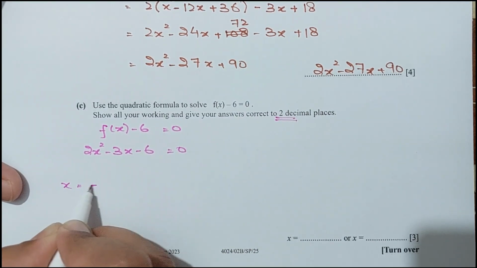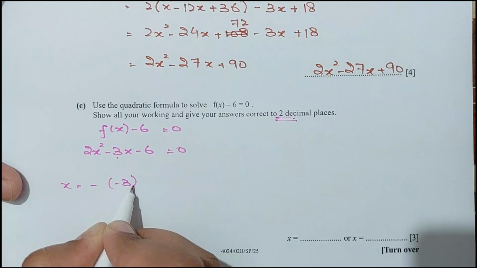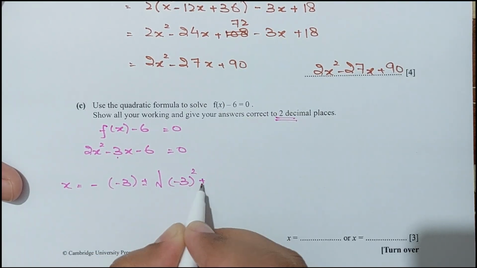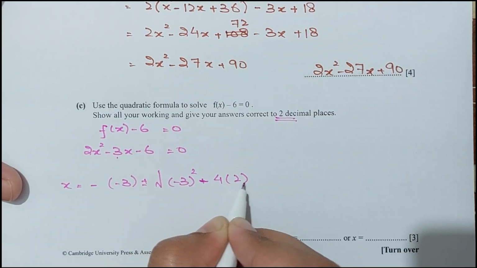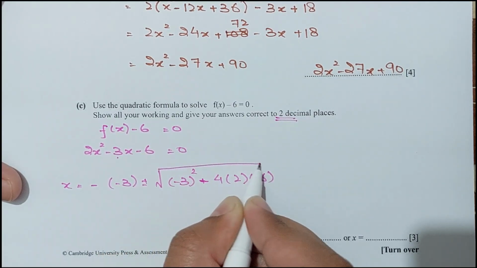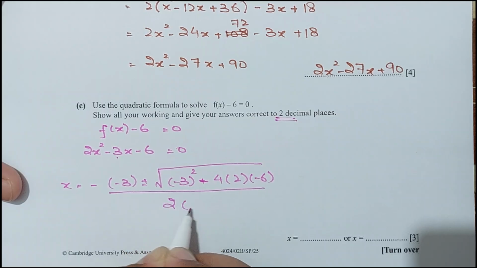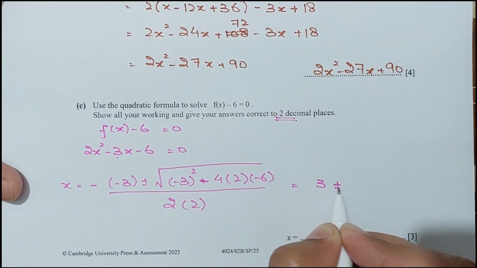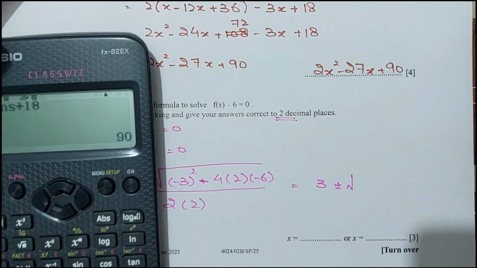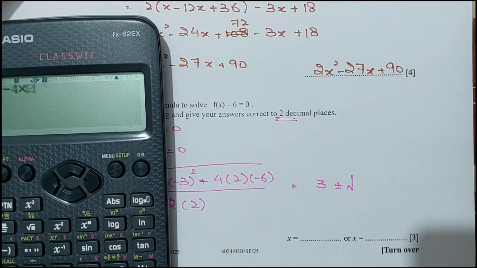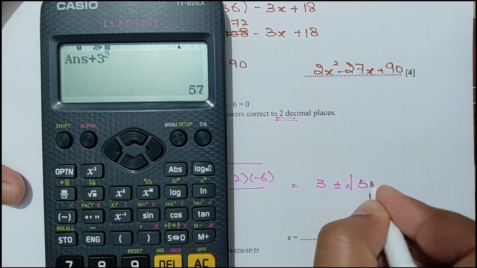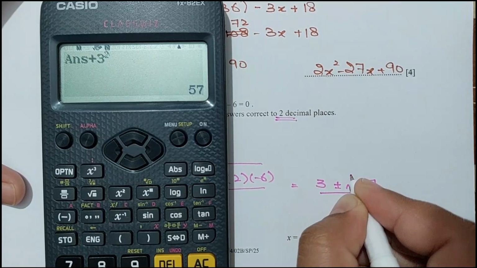So x equals negative of the b value, which is minus 3, plus minus square root of b square, which is negative 3 square, minus 4 times the a value times the c value, divided by 2 times the a value, which is 2. Further simplification, negative times negative is positive, 3 plus minus square root of minus 4 times 2 times minus 6, added to 3 square, 57, and divided by 2 times 2 is 4.